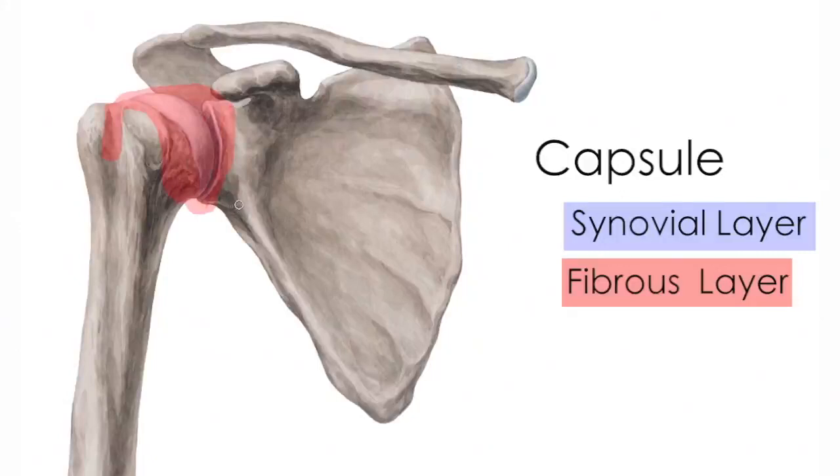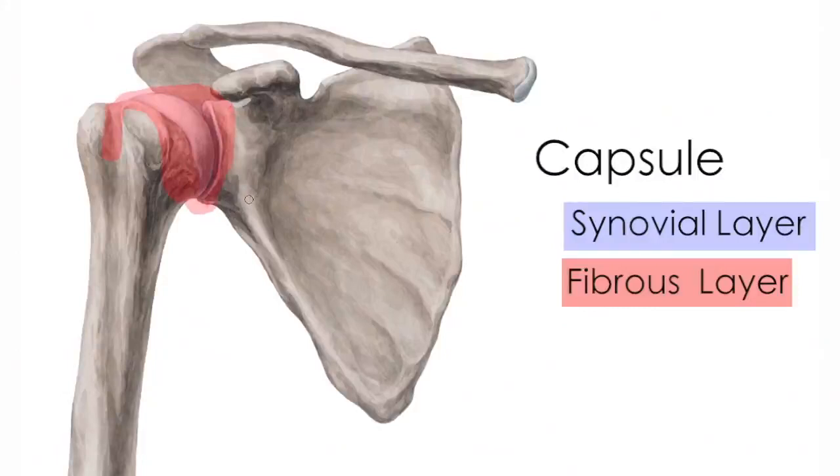So the synovial layer is located in the innermost part of the capsule, usually in contact with synovial fluid, hence the name synovial layer. Now the fibrous layer is usually located more externally and is also comprised of different tissues.